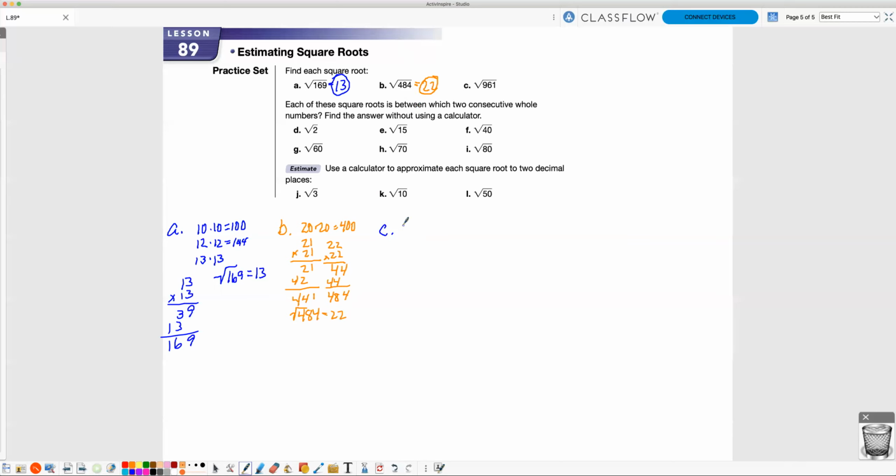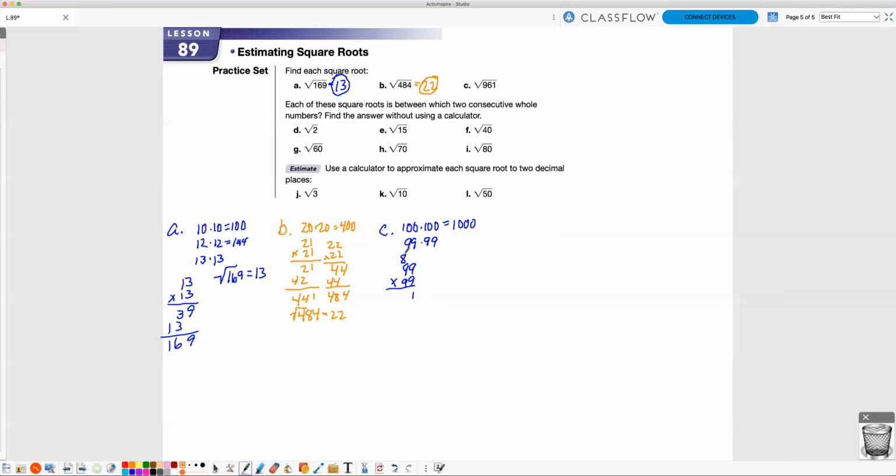So I'm going to try a couple things. I'm going to go to 100 times 100 because I know that is 1 with 4 zeros. So that's too big. It's not what I'm looking for. I'm looking for 961. So let's just go one down. Let's go 99 times 99 and see what happens. This would end up being 81.